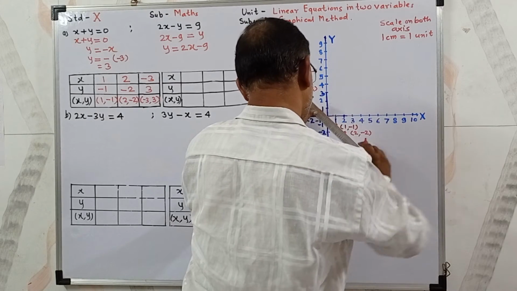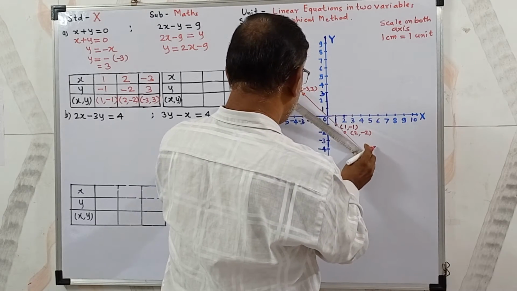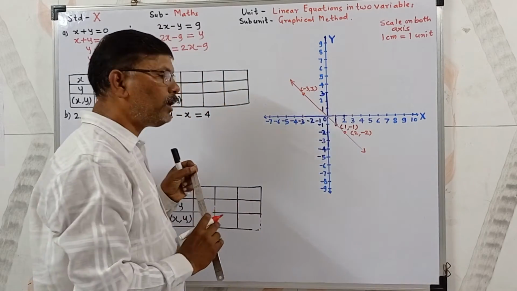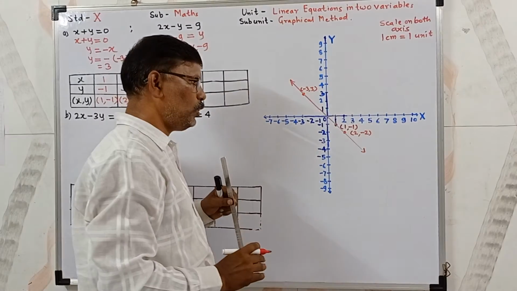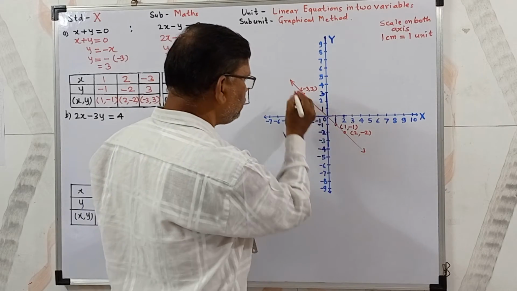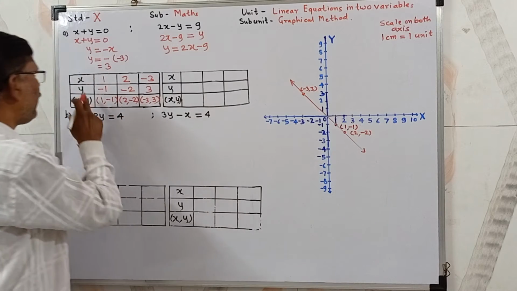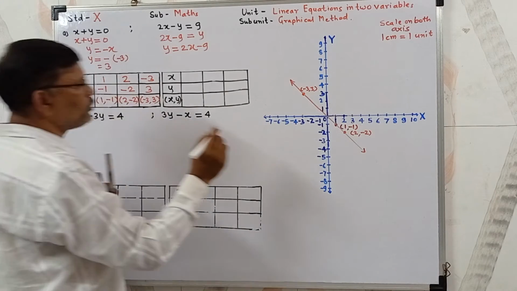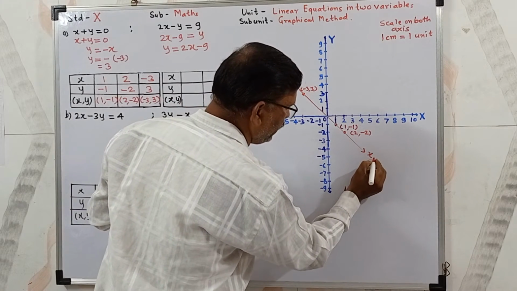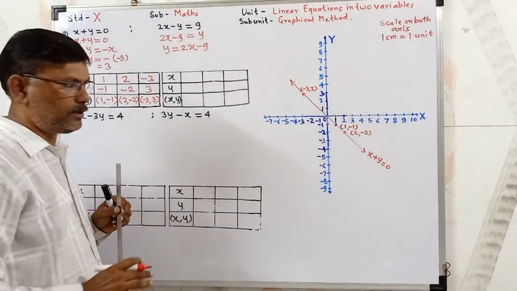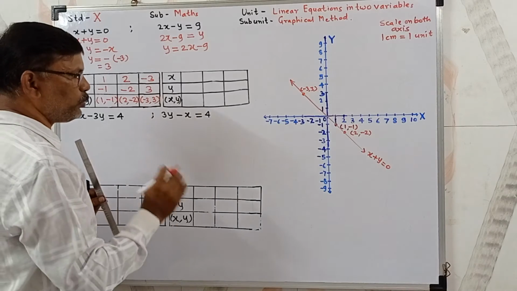So these points appear on one line. Listen, what is the name of the line? That is x plus y is equal to 0. We have to write that here. Understood? Now the next one.